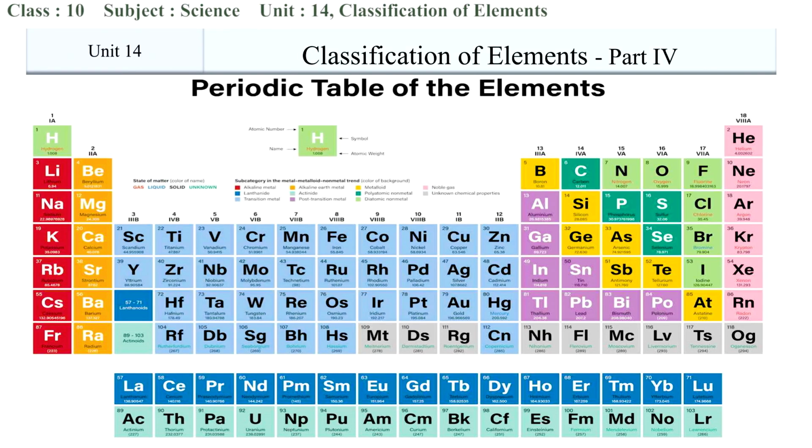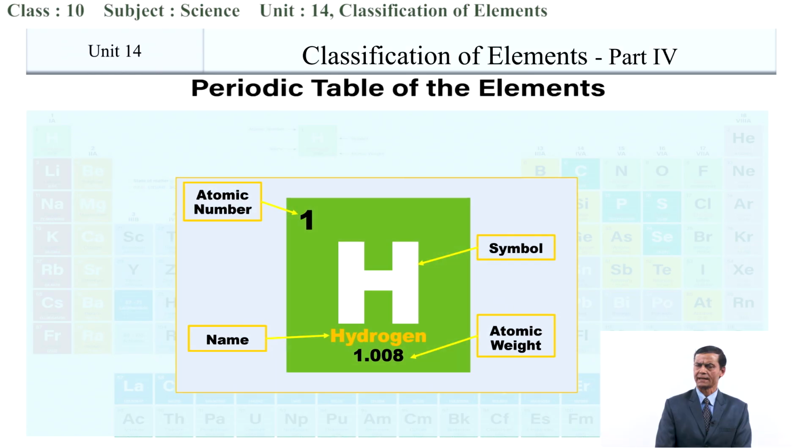Before that, let's review the previous class formally. Which element is it? Do you know? Yes, H represents the hydrogen element, and here are some of the notations in the symbol of hydrogen. This is the symbol, this is the atomic weight, this is the name of the element, and 1 is the atomic number.